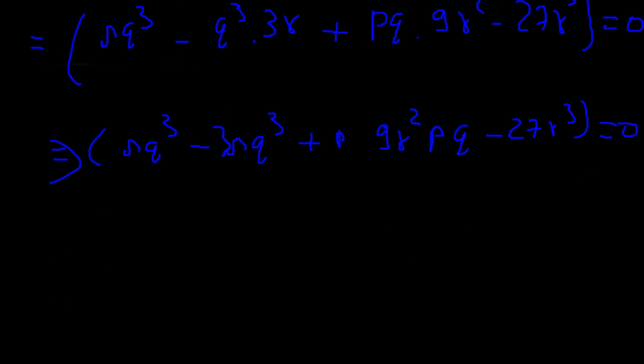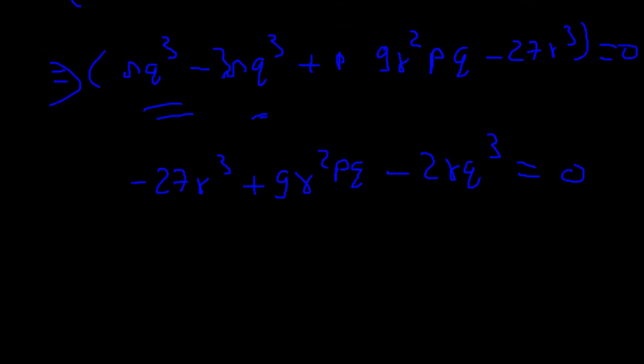Let's see now. Okay, that thing will be solved. So the final answer should be, I guess, minus 27 r to the power 3 plus 9 r squared pq minus 2 r q to the power 3 is equal to 0. Let's multiply this by minus, so it will be 27 r to the power 3 plus 2 r q to the power 3 minus 9 r squared pq.